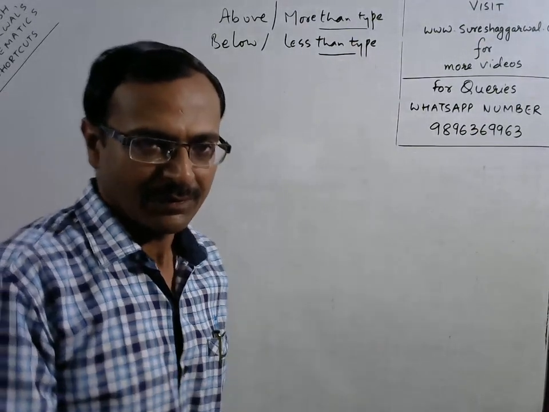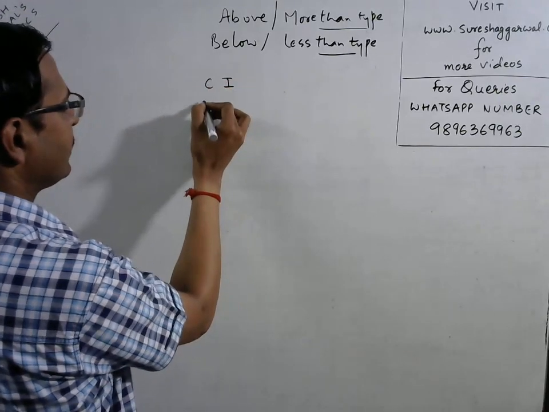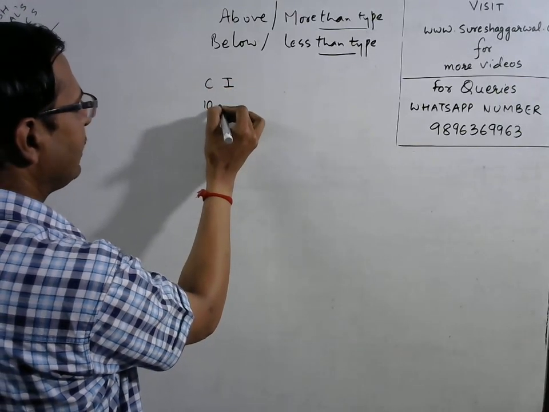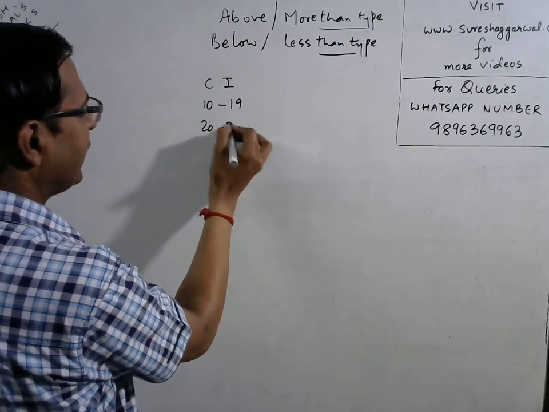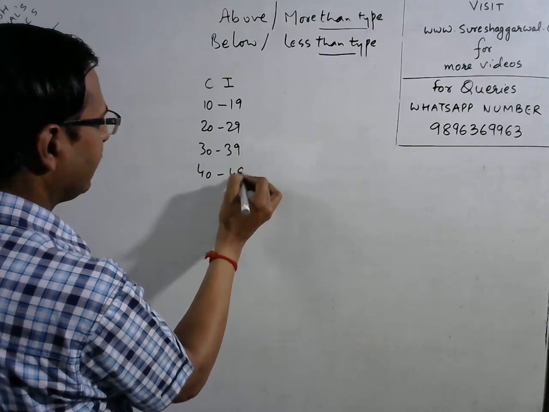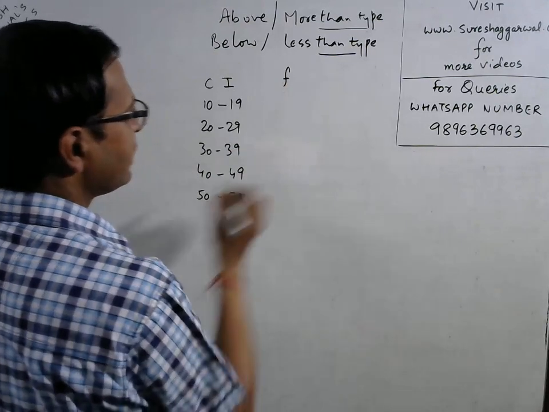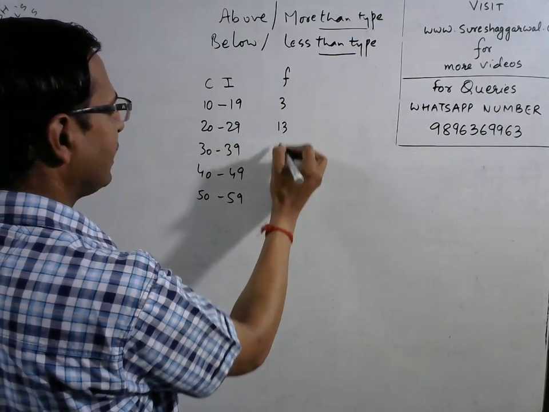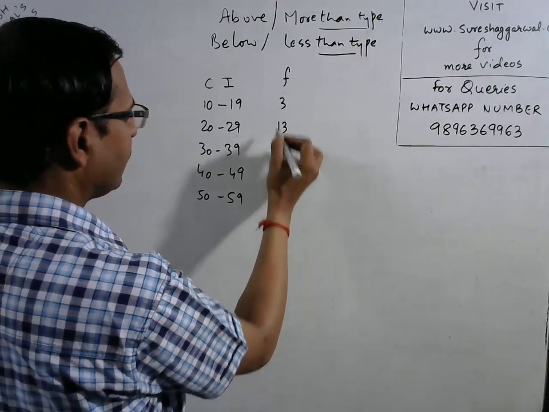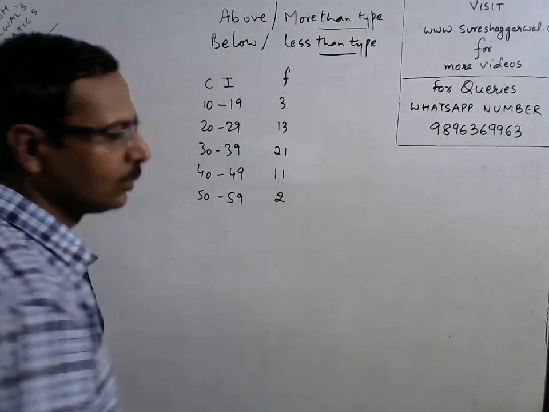Now suppose we are given class intervals as 10 to 19, 20 to 29, 30 to 39, 40 to 49, 50 to 59, and the frequencies as 3, 13, 21, 11, and 2.